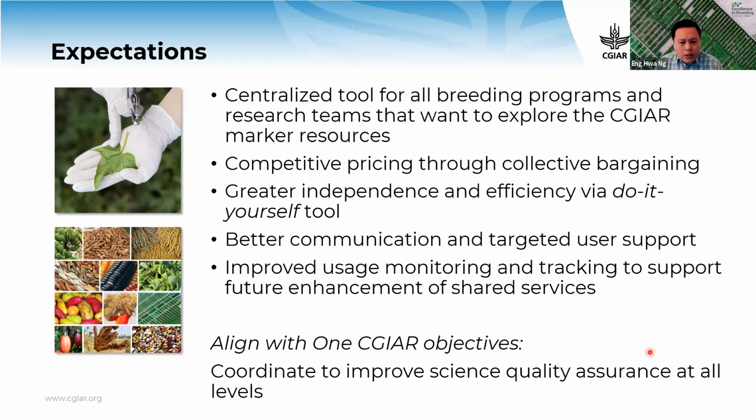It is also important that we maintain a standard workflow, starting from ordering to the logistics, to ensure that there is minimum human intervention, so that we can translate this competitive pricing to the end users. Having an online tool will also enable greater independence and accessibility, as it allows us to better market the entry point to the CGIAR shared services to a wider audience.